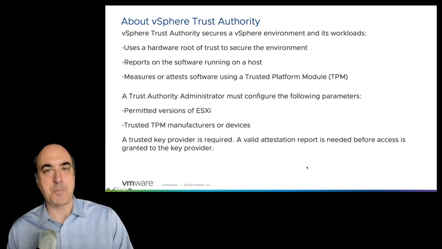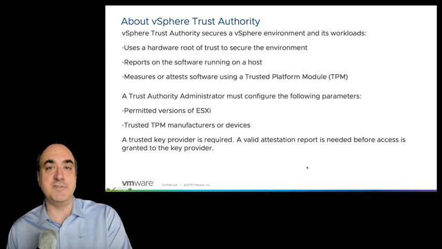In this case, if a server fails its known trusted configuration requirements, right? So the host has to have been booted with secure boot. The host had to be booted with a certain type of ESX server software. You actually set up a whole set of requirements of how the server should be booted up. You'll have a permitted list of ESXi server software versions. You'll have a list of trusted TPM chips.